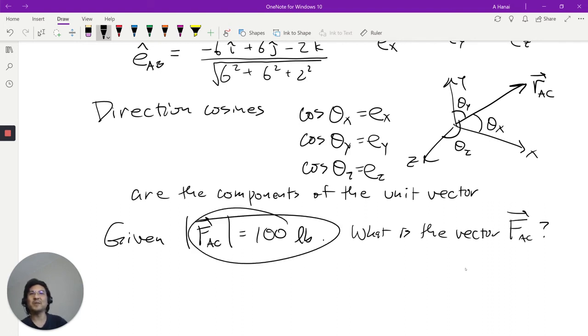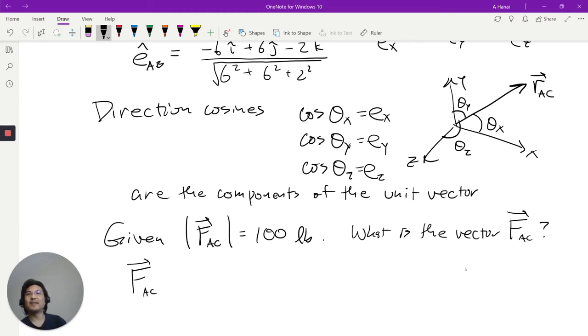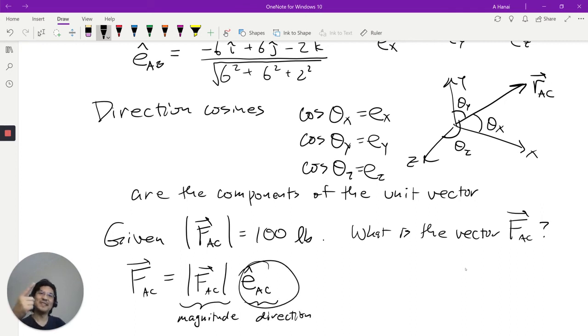Because we have the magnitude, if you want the entire vector, it's just the magnitude times the direction, and the direction is the unit vector from A to C. This is the magnitude, this is the direction. That's the point of having a unit vector: it indicates a direction, so you split up magnitude and direction. Alright, thanks for listening to this video. I'll see you on the next one.